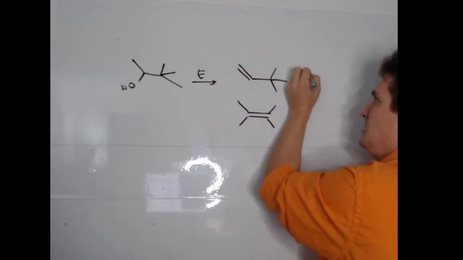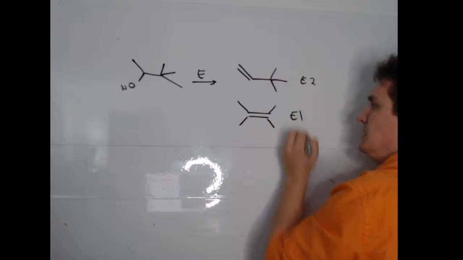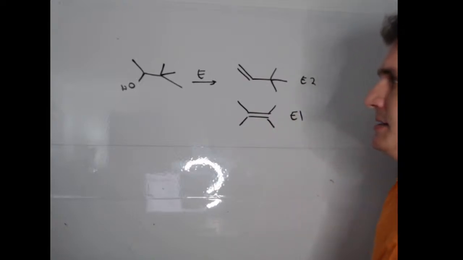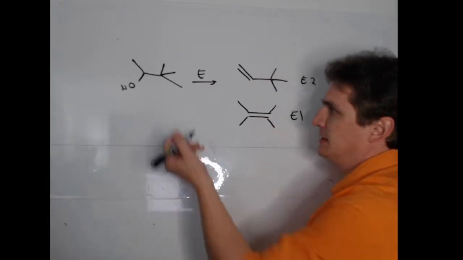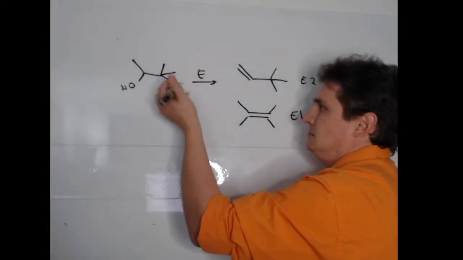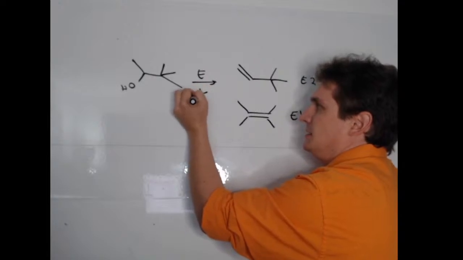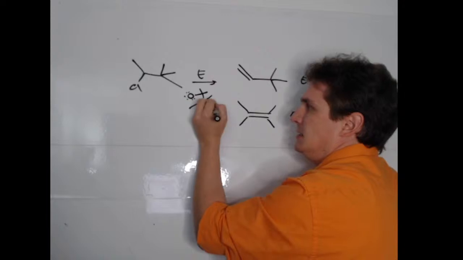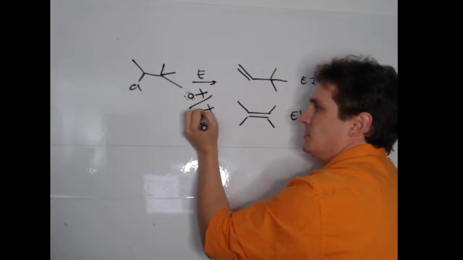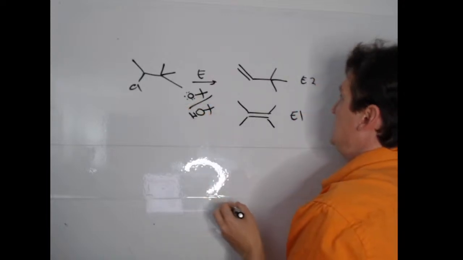This would be the E2, this would be the E1, and we would use something like tert-butoxide and tert-butanol with a halogen here. So this should really favor the E2 pathway.